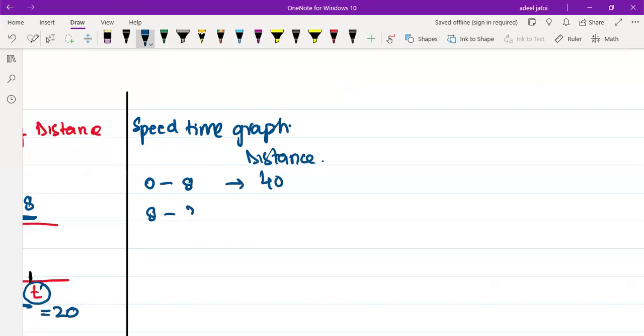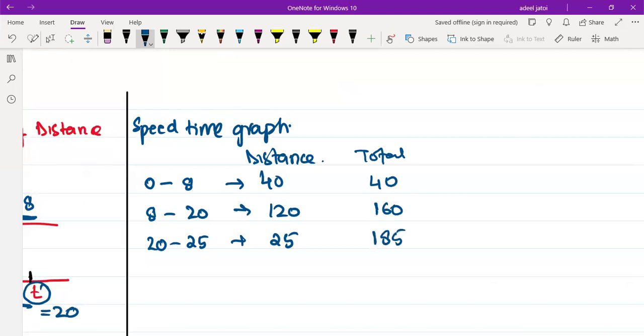From 8 to 20, your distance was 120. From 20 to 25, your distance was 25. So total distance when we'll be working down, 40 plus 120 becomes 160. 160 plus 25 becomes what? 185. So this is your total distance, where this is your distance covered through 0 to 8, 8 to 20.